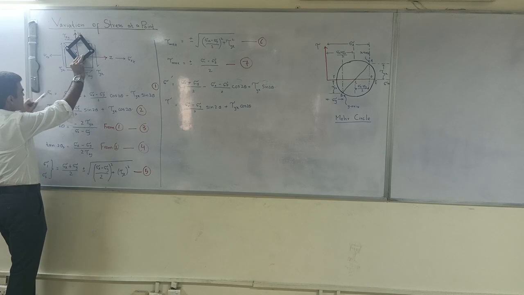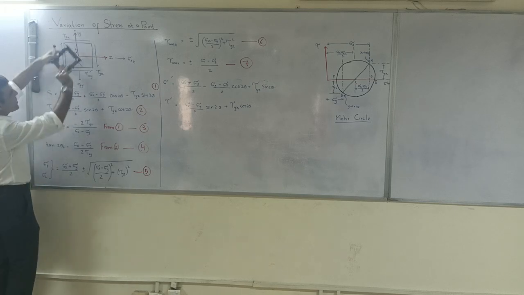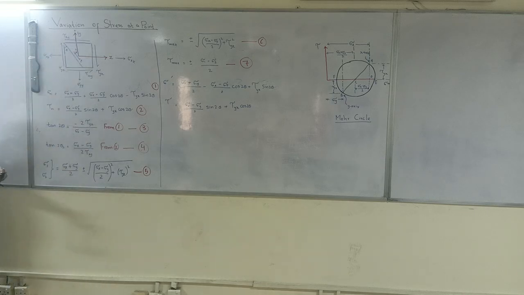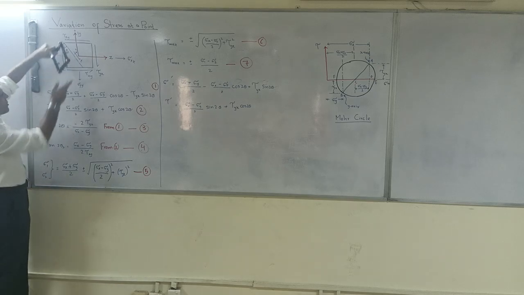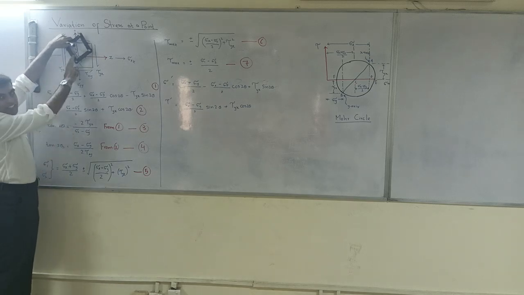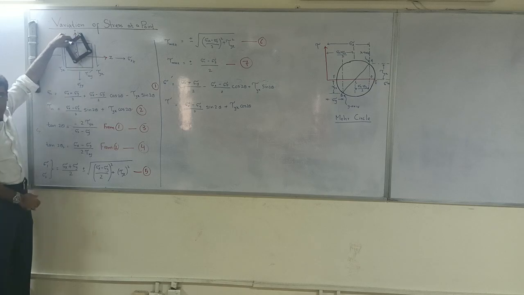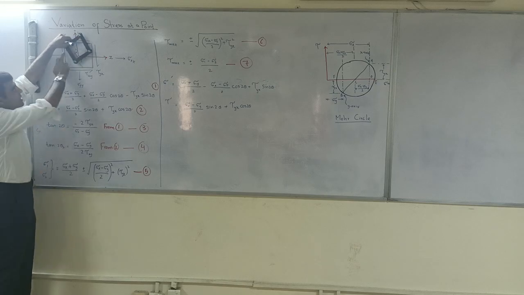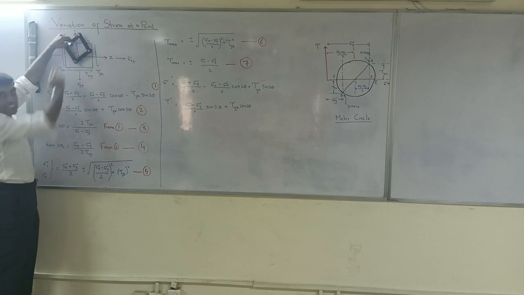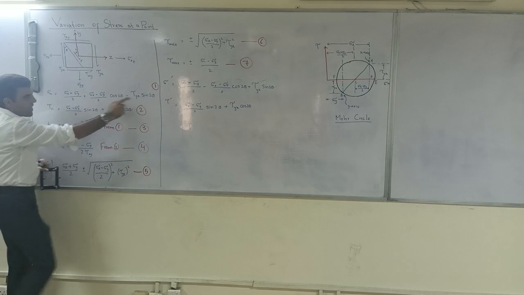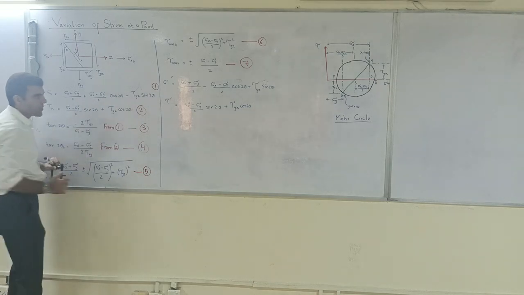I take again sigma n and tau n, and put the value theta plus 90 degrees in them. Why? Because it's very straightforward. This face is at theta, and I want to find the stress for this one, that is theta plus 90 degrees. So I just put values of theta plus 90 degrees in these two equations.